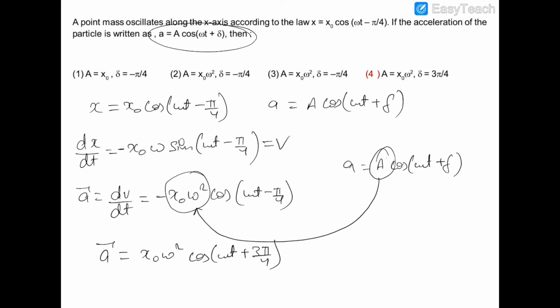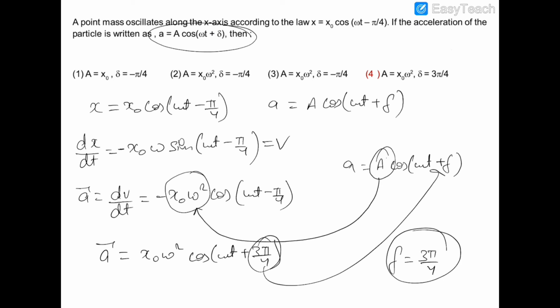So pi minus pi by 4 would be 3 pi by 4, and therefore if we compare this with delta, then this 3 pi by 4 will be equivalent to delta. So delta is equal to 3 pi by 4. So the correct answer would be option number 4.